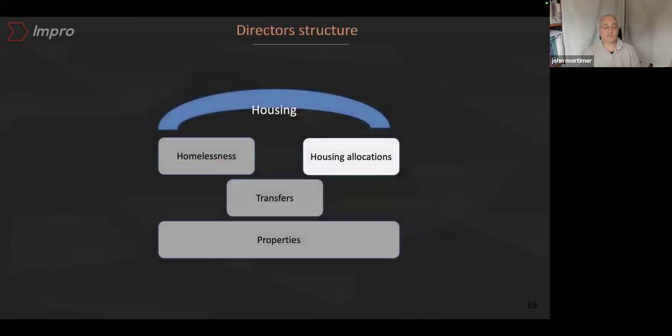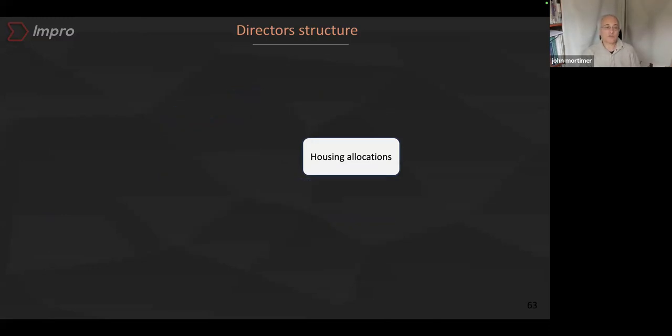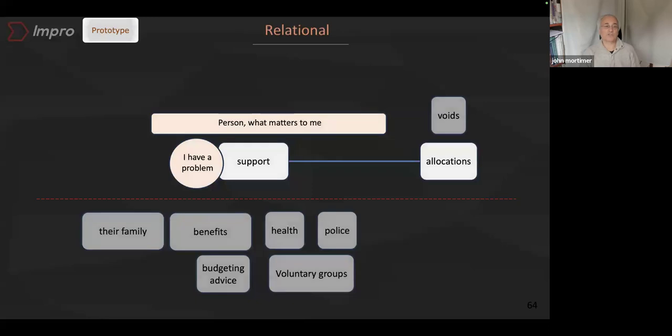What I'm going to show you now is just a couple of slides that I made up. Before, the department was focused, it was one department called housing allocations, and you can see here it was part of a wider housing system. What we ended up doing was, instead of that split at the bottom, which is all the different things that we were looking at separately, it was all linked at the top.